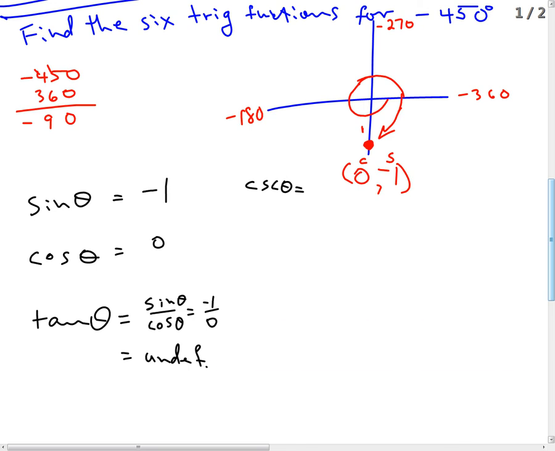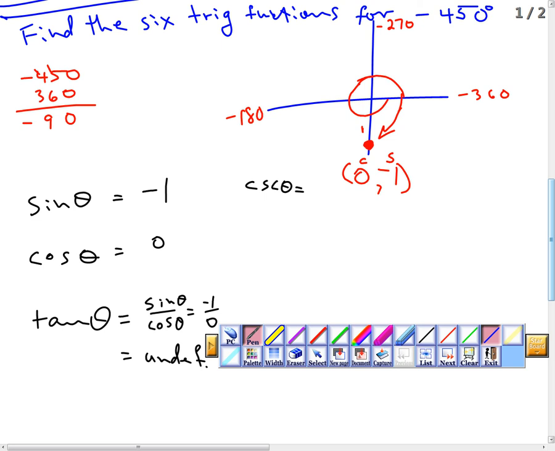So think of it in terms of, now flip that. Negative 1 over 1. Always put the 1 in the denominator, and now you just flip it, right? Which would be, cosecant would be what? Negative 1. Same thing. Cosine, right? Just put a 0 over 1.